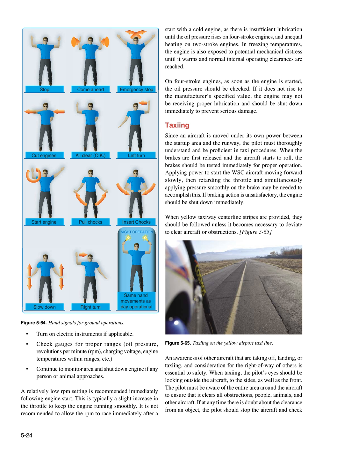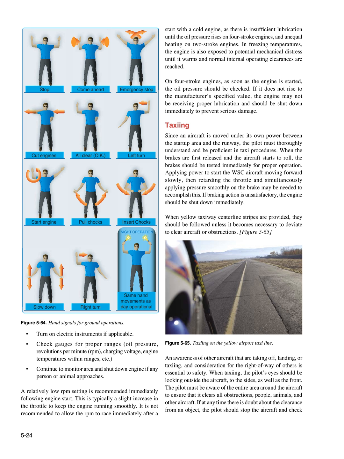When yellow taxiway centerline stripes are provided, they should be followed unless it becomes necessary to deviate to clear aircraft or obstructions. An awareness of other aircraft that are taking off, landing, or taxiing, and consideration for the right-of-way of others is essential to safety. When taxiing, the pilot's eyes should be looking outside the aircraft, to the sides, as well as the front.